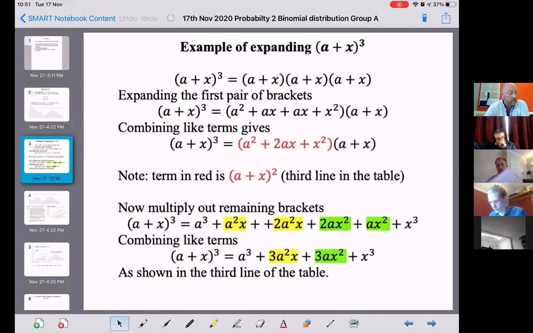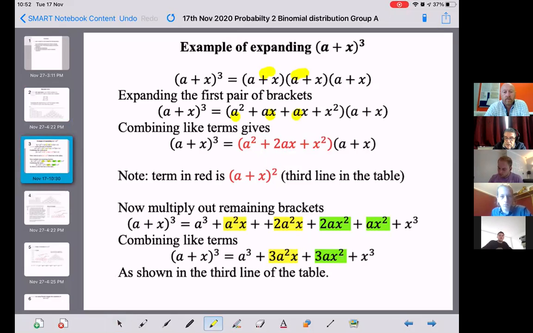I've got a typed out solution. So if we look at the top line, a plus x all to the power of 3 is the same as saying we're going to multiply 3 a plus x brackets together. If we then look at expanding the first pair of brackets, that's these two, we get a times a is a squared, a times x is ax, the other a times x is ax, and lastly x times x is x squared.